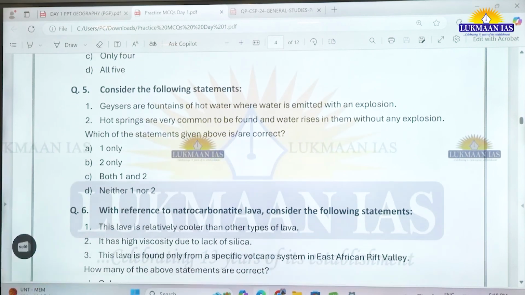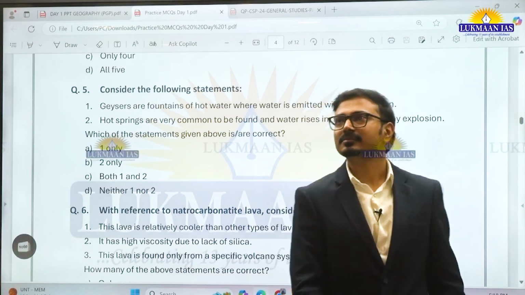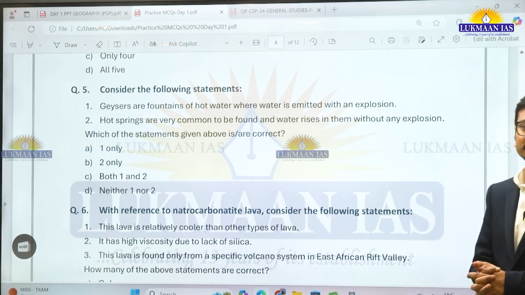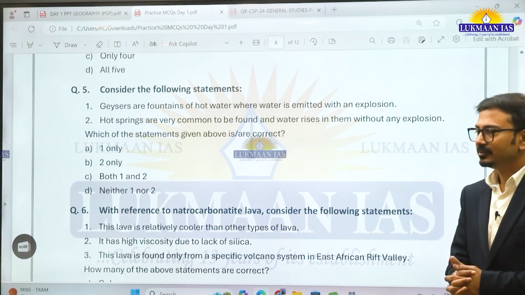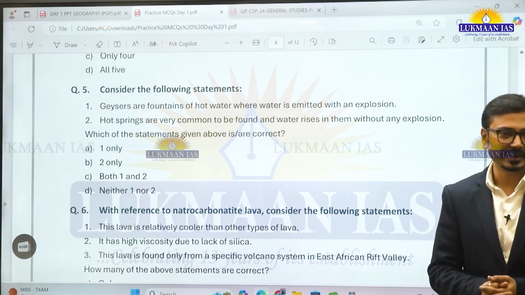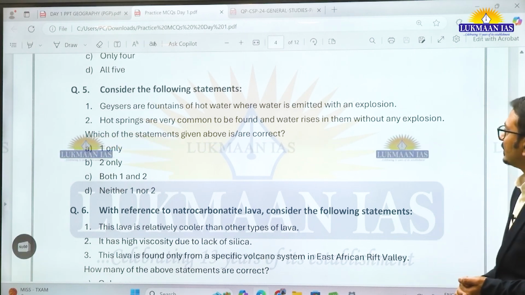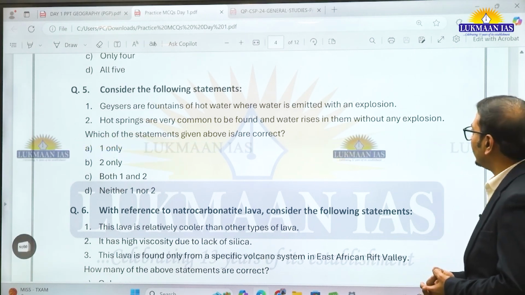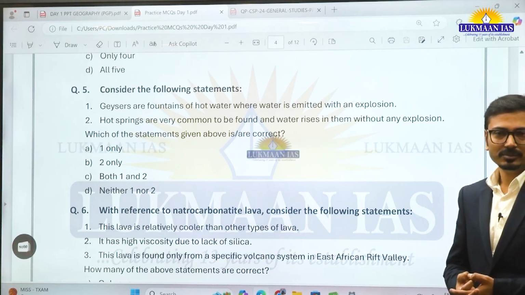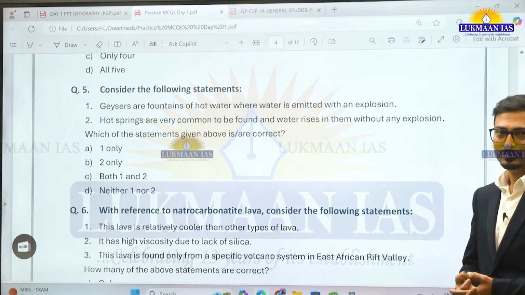What about this one? This is given in GC Leong, not in NCERT, geysers and hot springs. Right. Geysers are fountains of hot water where water is emitted with an explosion. Okay, that is true. There is water and also gas, both.